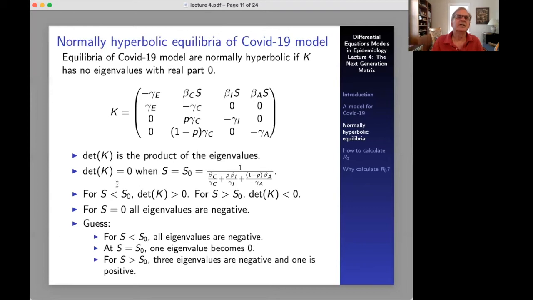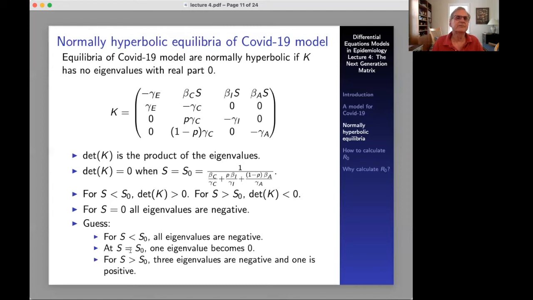When S is less than S naught, the determinant's positive. And that's consistent with what we found before at S equals 0, where all 4 eigenvalues were negative. That produced a positive determinant. When S is greater than S naught, the determinant becomes negative. So let's take a guess at what's going on here that's consistent with this information.